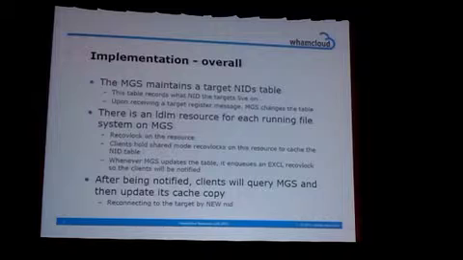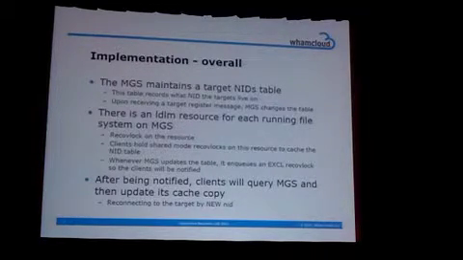Also, there is a DLM resource defined for each running file system on the MGS, and we have a lock for this resource. This is because the client will cache the NID table on the client side by holding the shared mode of this lock. In this way, when the MGS updates the table, it will enqueue an exclusive lock so that the clients can be notified about the change.